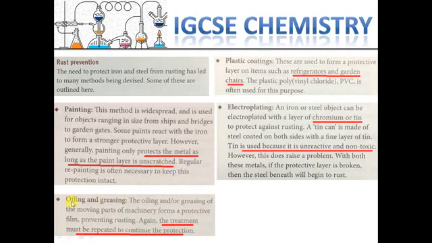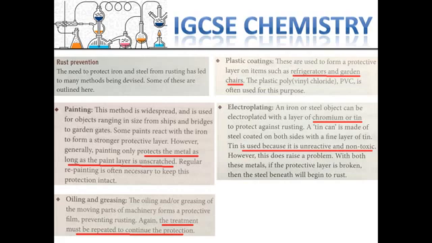Another one is oiling and greasing. Instead of paint, we can use oil or grease to coat or cover the metals. Another way is plastic coating. Instead of paint or oil, we can use plastic.